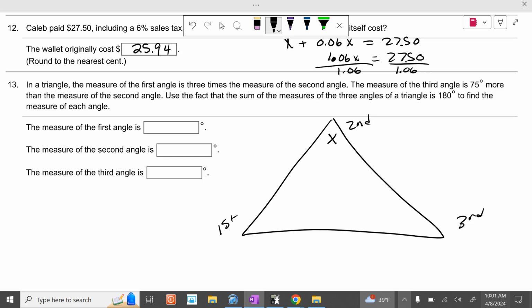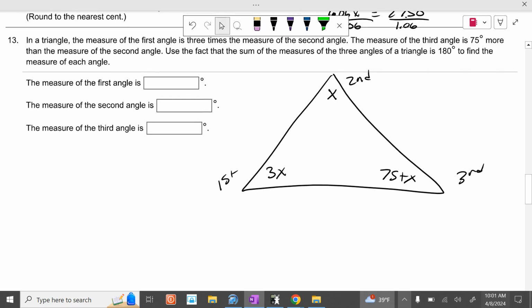So the second angle gets its own variable because they're talking about the other ones in terms of it. So the first angle is 3 times the second. Well, if the second is x, the first one is 3x. The third angle is 75 more than the second. So the second one's x, the third one's 75 plus x. Okay?